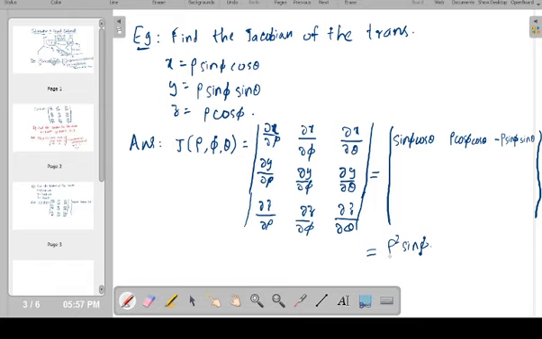What was that? dv was rho square sin phi d rho d phi d theta, and what was that rho square sin phi? That is precisely the Jacobian of the transformation.